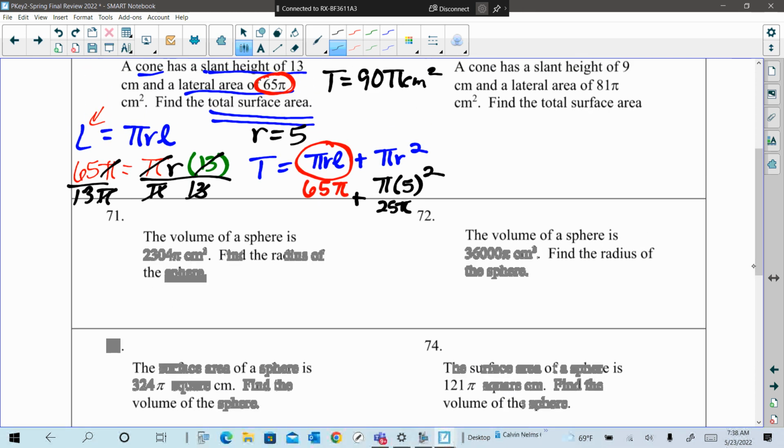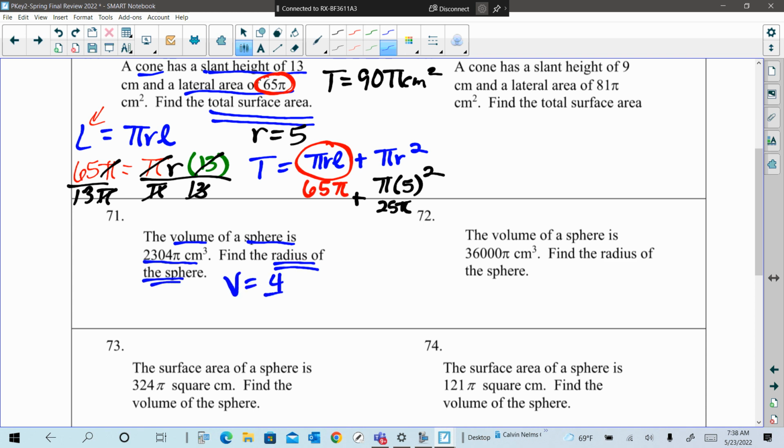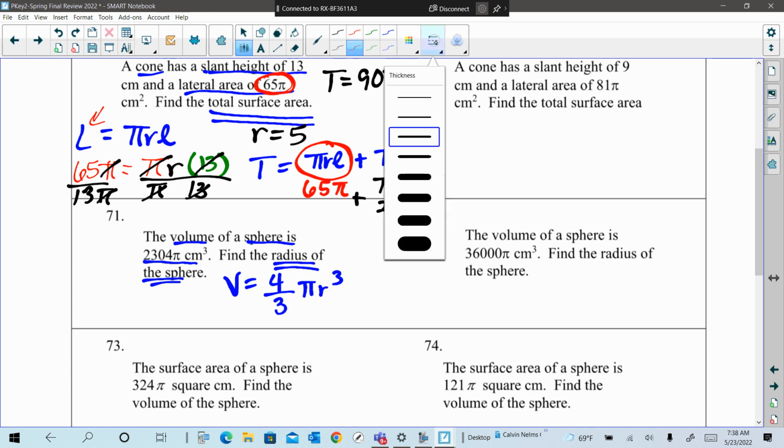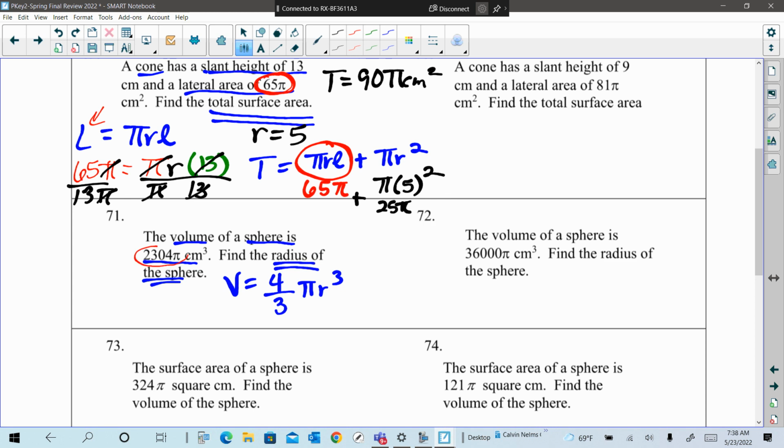If you look at 71, it says the volume of the sphere is 2,304 pi centimeters cubed. Find the radius. Well, the formula for the volume of a sphere is 4/3 pi r cubed. We know the volume is 2304, so I can plug that in for the V. Equals the 4/3 pi radius cubed.